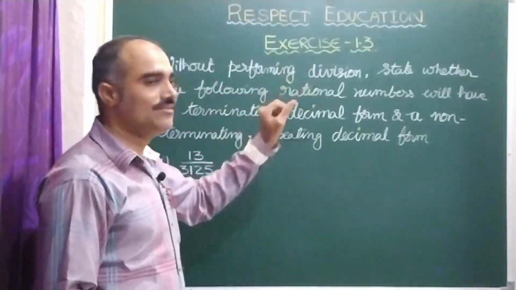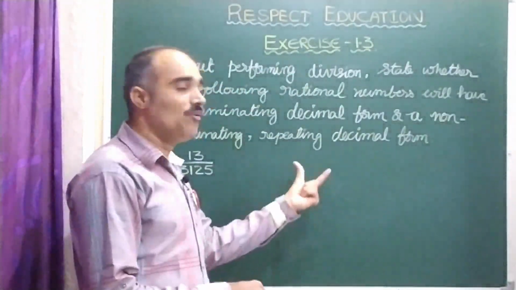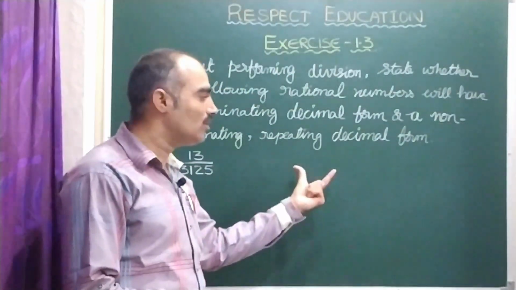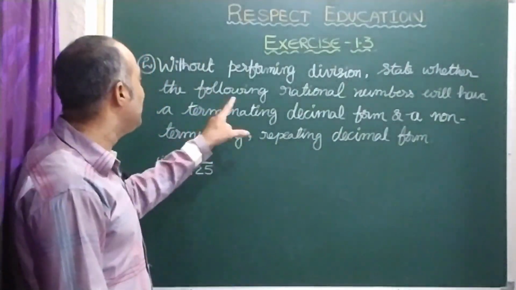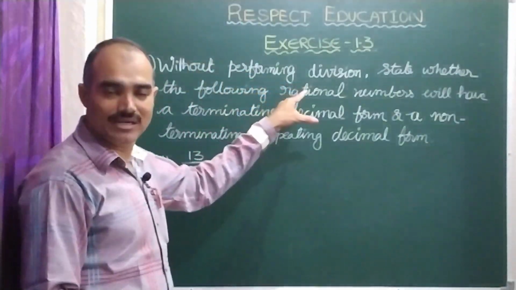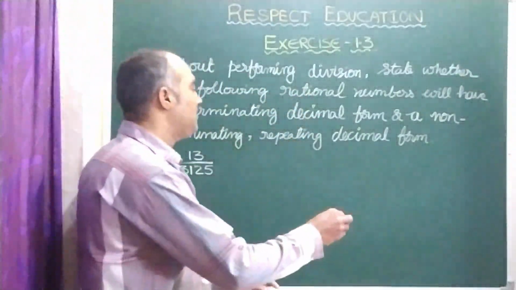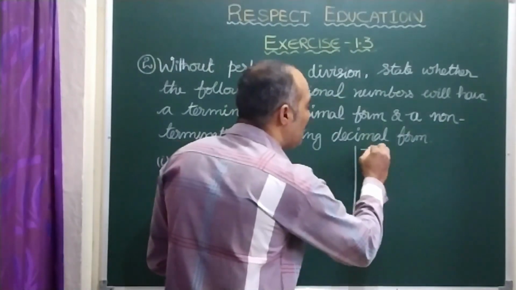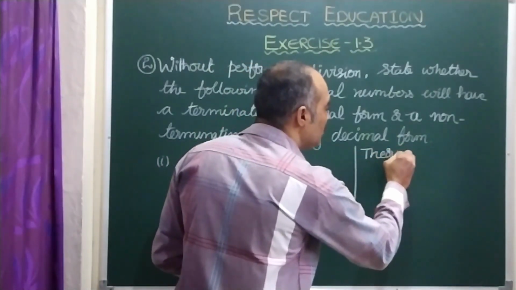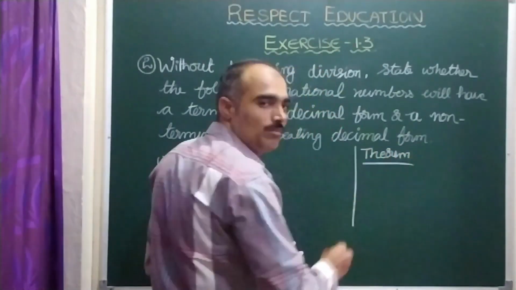Without performing division. In earlier bits we have performed division, means we followed the division method, but here clearly it is mentioned, children, we need to solve this problem without performing division. So here we need to understand, children, there is a theorem. Based on that theorem we need to solve this problem.